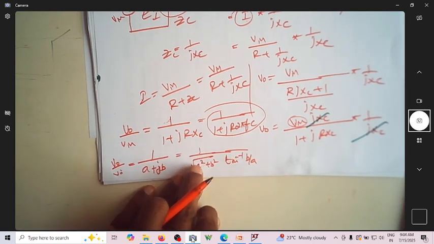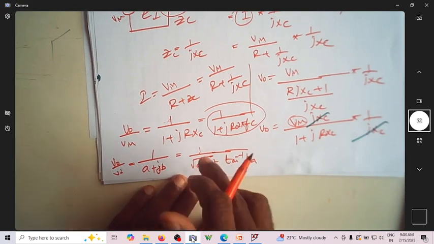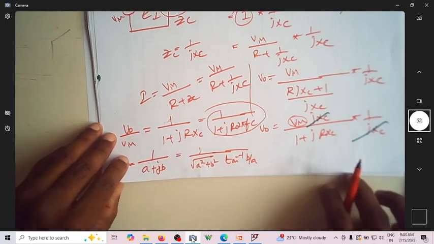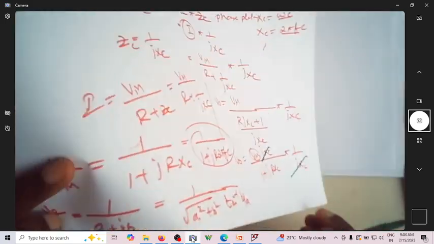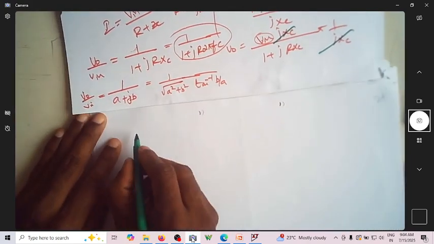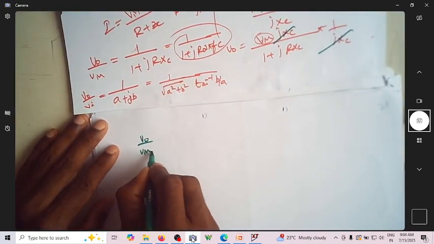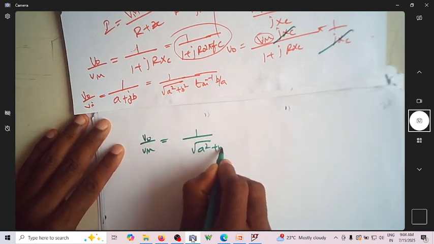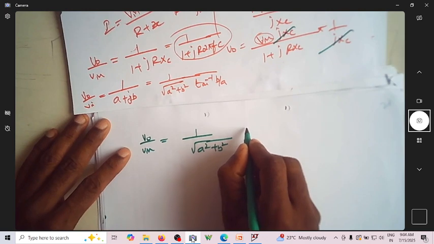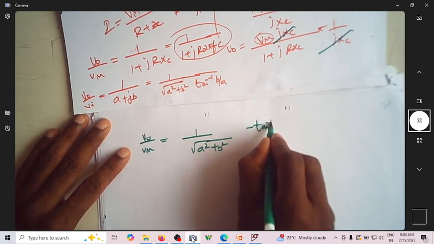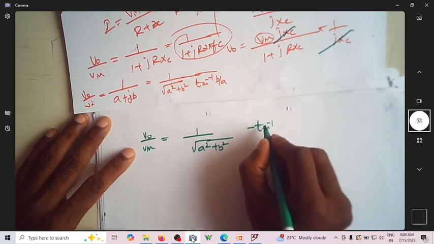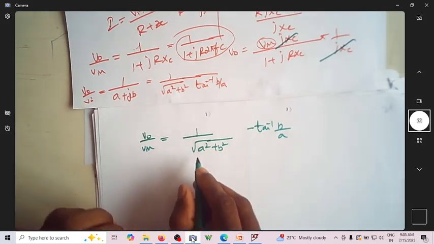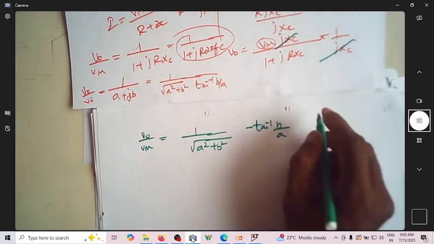The magnitude is 1 over so and so, and phase is, of course, since it is in the denominator, tan inverse of b by a. So now if I take the phase onto the numerator, V naught by V in has magnitude 1 over root of a square plus b square, and phase is minus tan inverse of b by a. So what is in place of a?